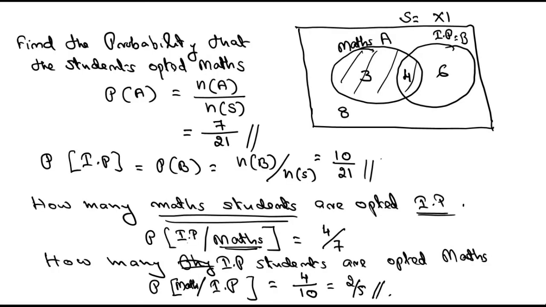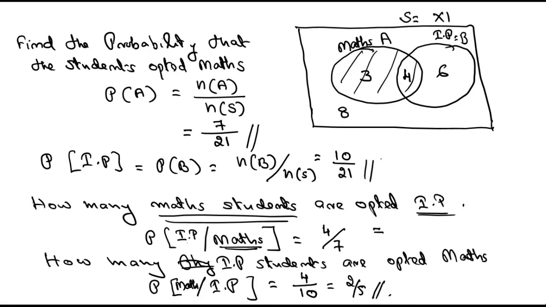So in this question you will see probability of IP given maths, and probability of maths given IP. Here, maths students who have taken IP: from the figure, IP we have taken as 4.